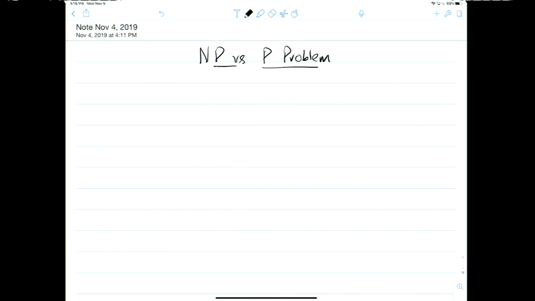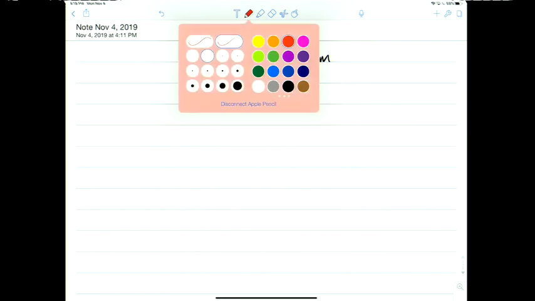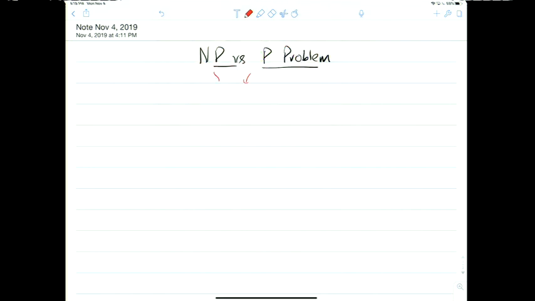Okay, so I need to define what NP and P are. Basically, you could say these are classes of computational problems. In particular, P is our notion of what's efficiently solvable.